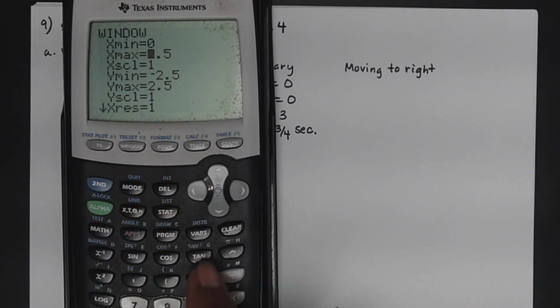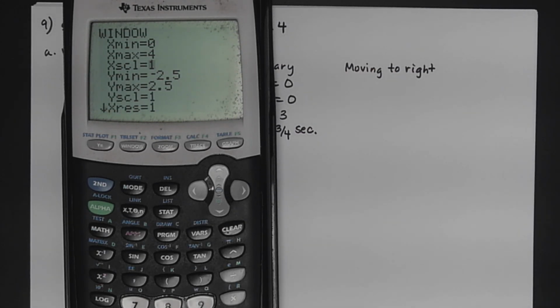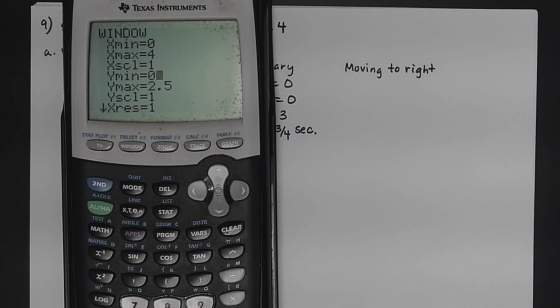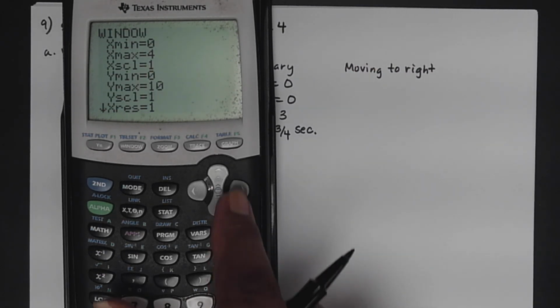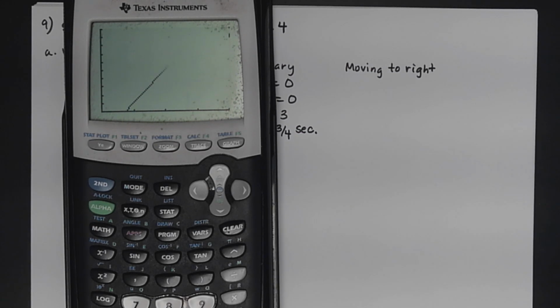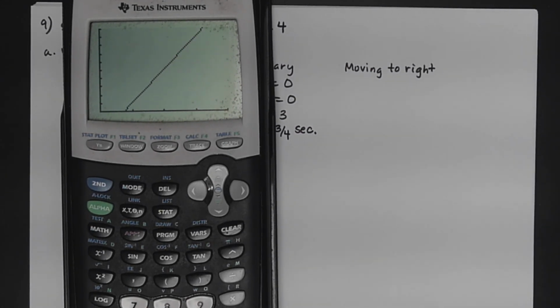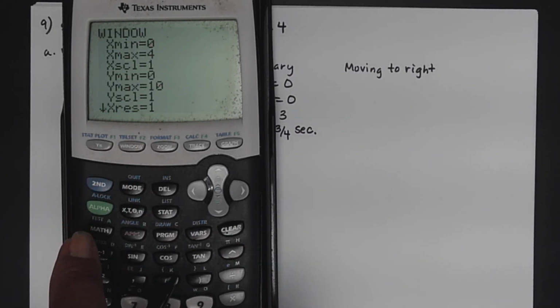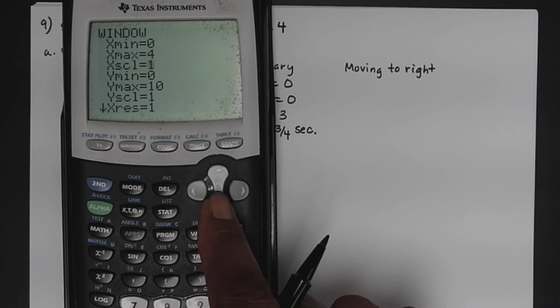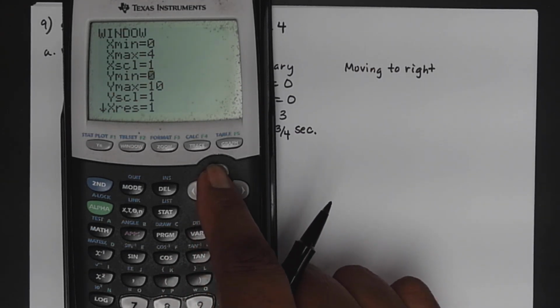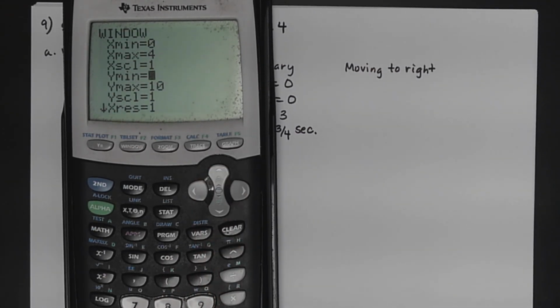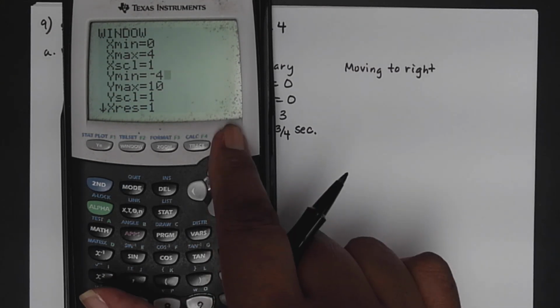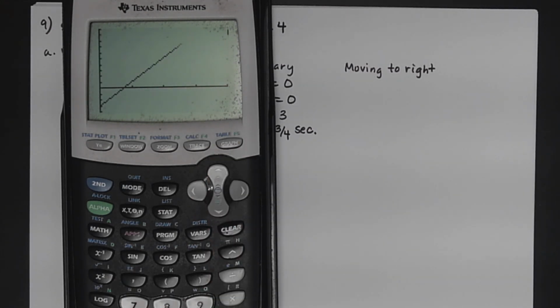X min will be 0 and x max will be 4. The x scale will be 1. Better yet, let me include negative values for the y. I'm going to say negative 4 to 10. Okay, there we go.